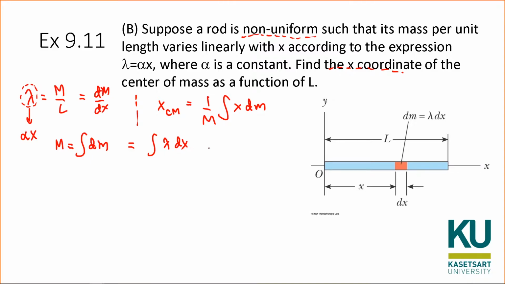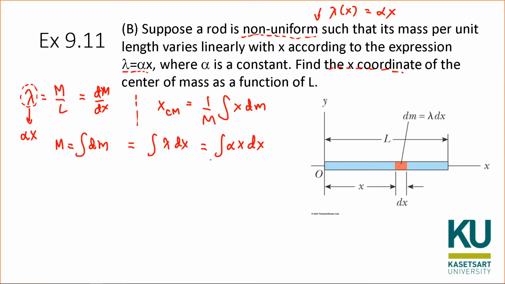And your lambda now is alpha x, because lambda is equal to alpha x here for the non-uniform density. So this lambda relates to x in terms of alpha x.